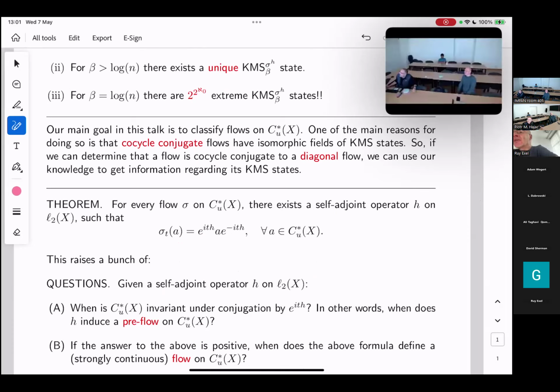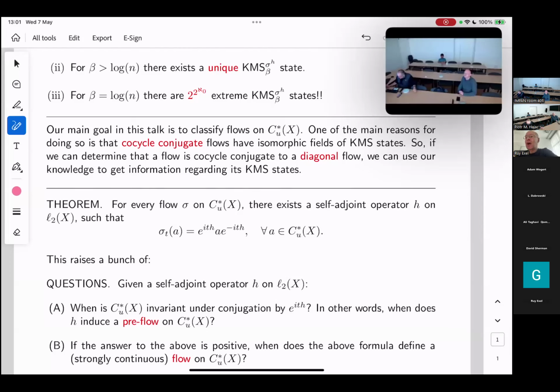Rui, you still have 44 minutes, and as long as you finish before we see the smoke from the Sistine Chapel, it's fine. Okay, so at the end, I can come back to the business of KMS states, if you remind me, if we have enough time.